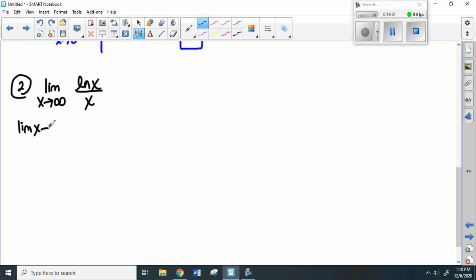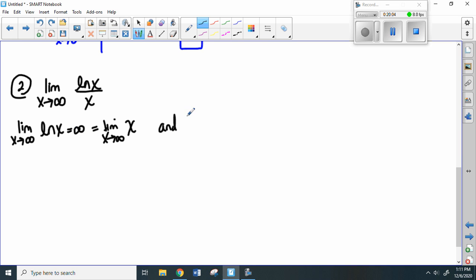I need to show them separately before I can use L'Hopital's rule. So the limit as x approaches infinity of ln of x equals infinity, and the limit as x approaches infinity of x also equals infinity. I'm just showing you that they both equal infinity.